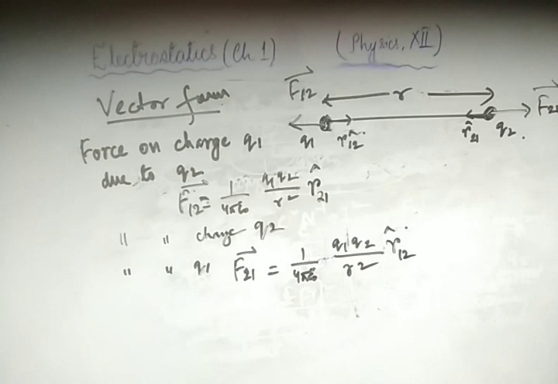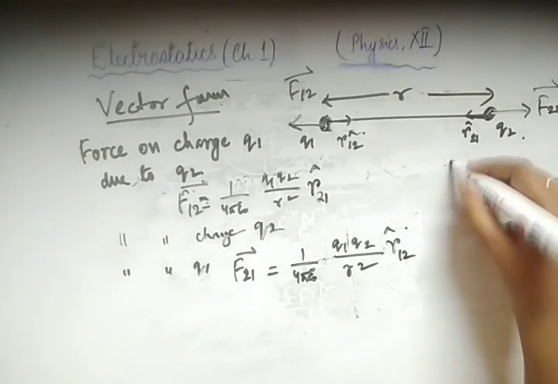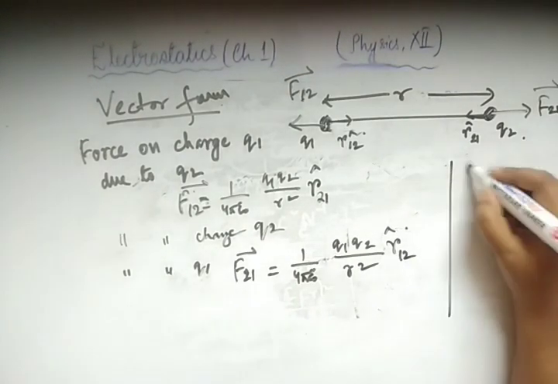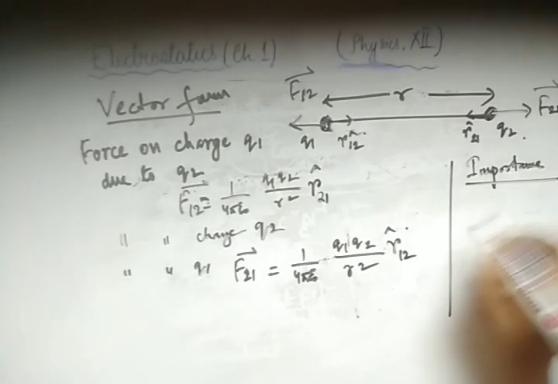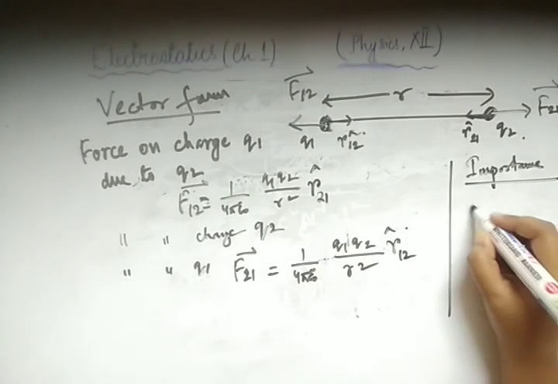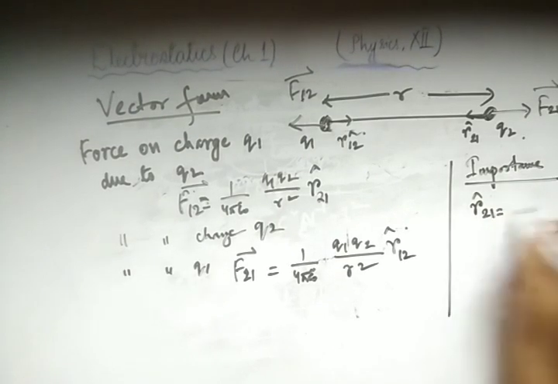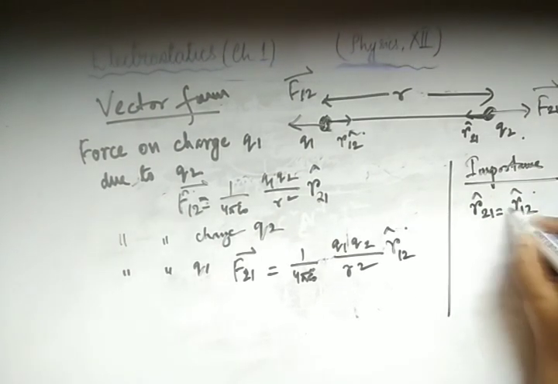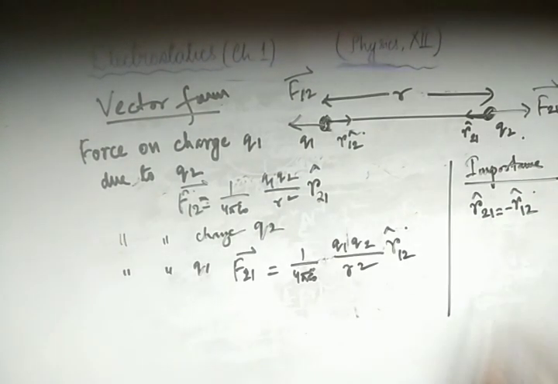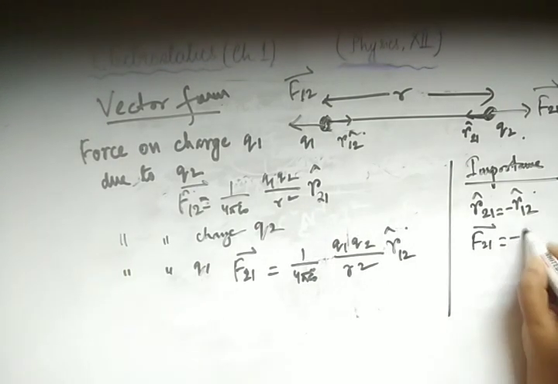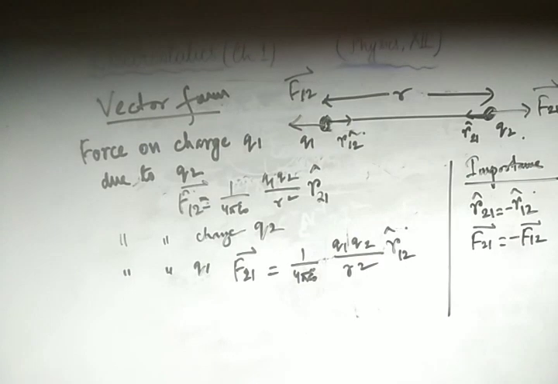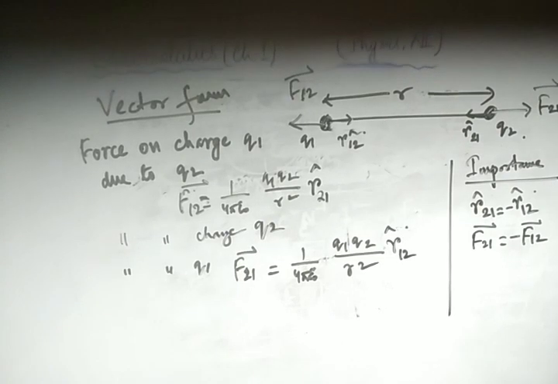So what is the importance? You can see that R21 is equal to negative of R12, and F21 vector is opposite of F12. So this shows that these two vectors are equal and in opposite direction.